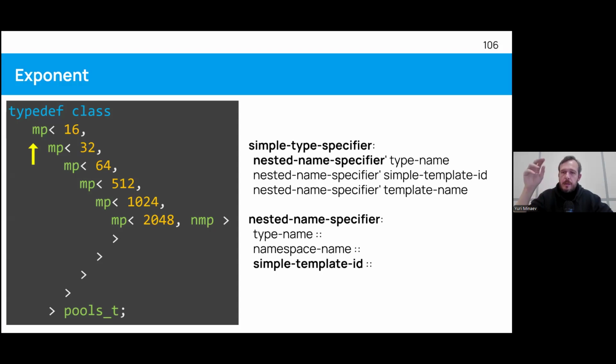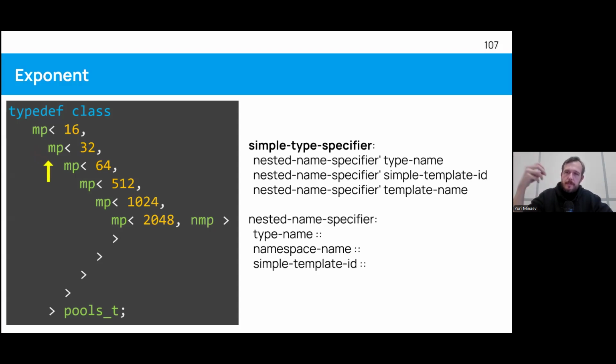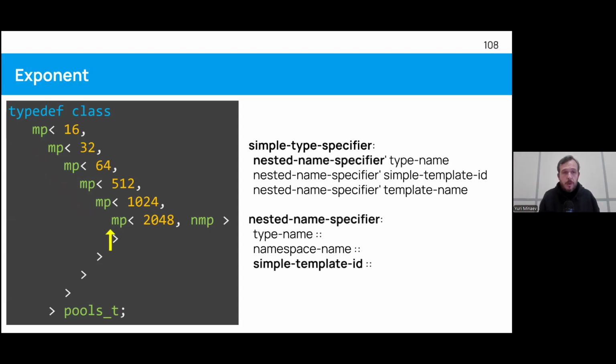And the first template argument is okay. And the second one is, again, a simple type specifier, which we do the same thing with. We go to nested name and so on and so forth. And eventually we go all the way down here. And yeah, that's fine. We are looking at a simple template ID. Good. So we can parse it.